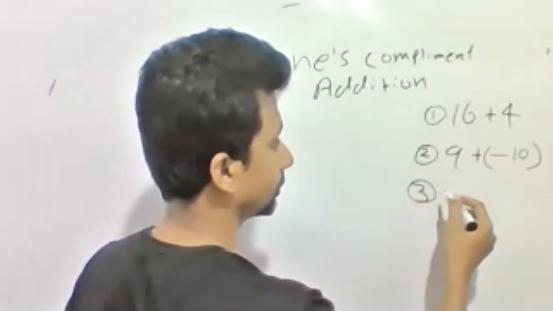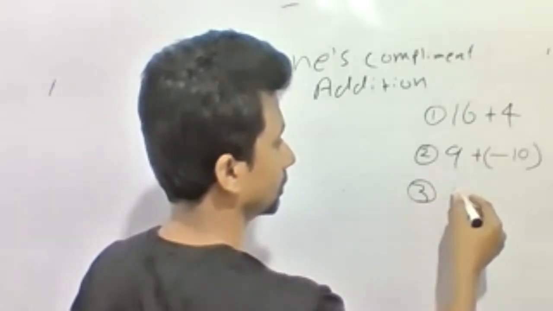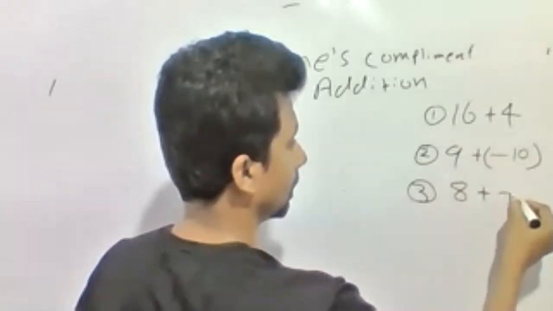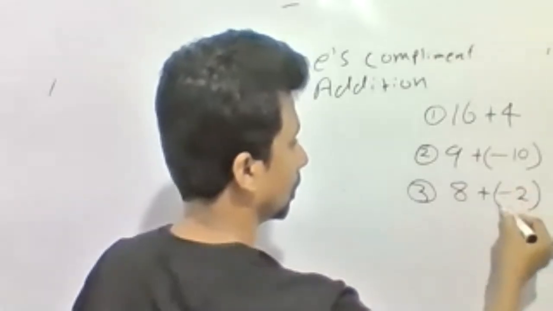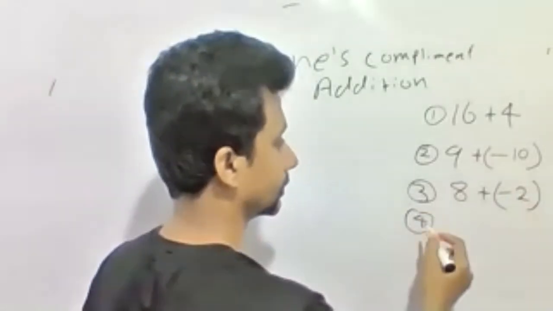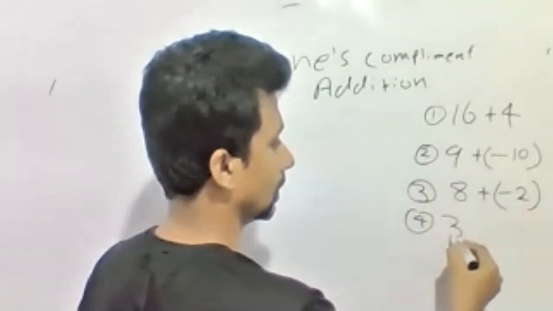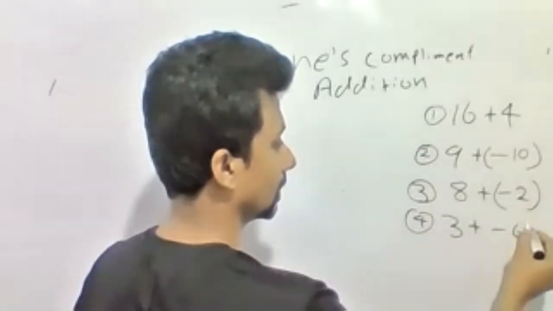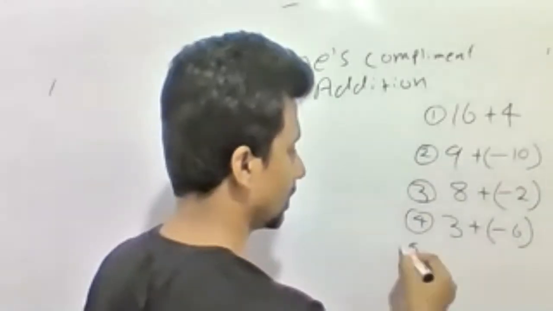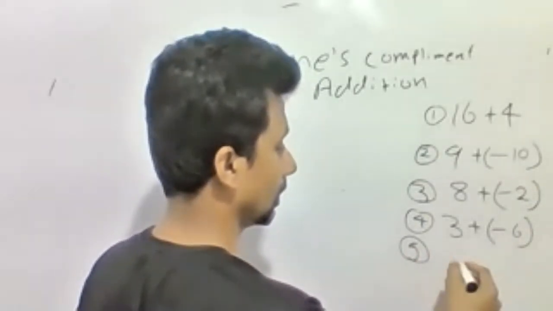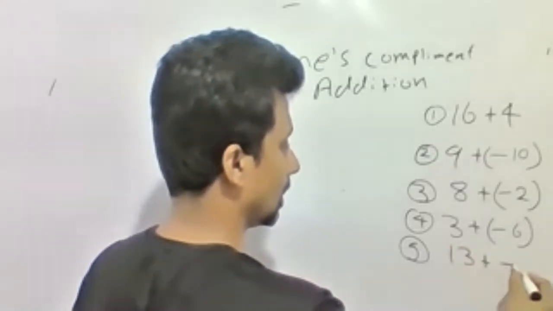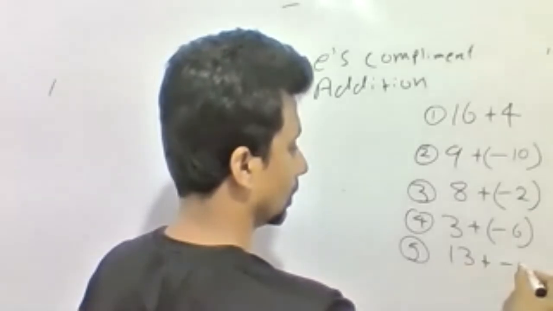Third one, 8 plus minus 2. Fourth one, 3 plus minus 6. Last one, fifth one, 13 plus minus 3.